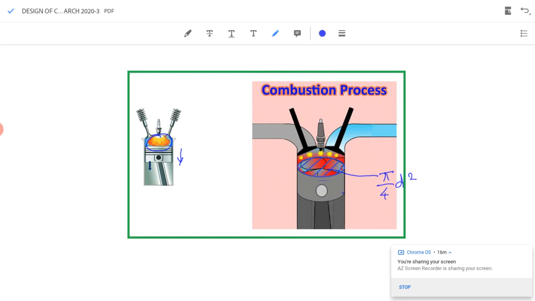The pressure on the piston equals force by area, or I can write F equal to pressure into piston area. This load is transferred to the connecting rod and that is the same as Fc. Fc equal to pressure into piston area.